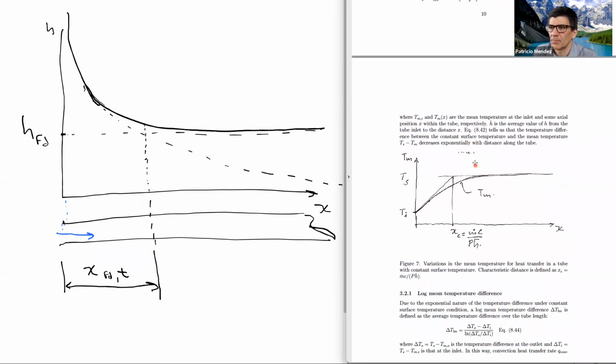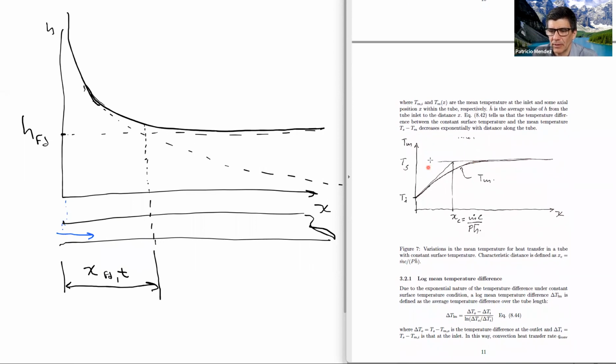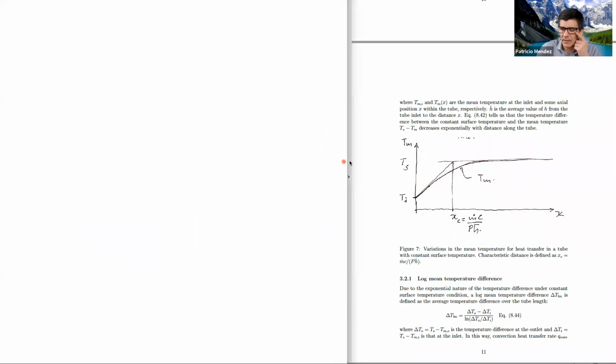So we have here this graph where we see the curve that is so similar to the curves we have seen many times before, for example, in lumped capacitance, but also when we were talking about advection heat transfer.